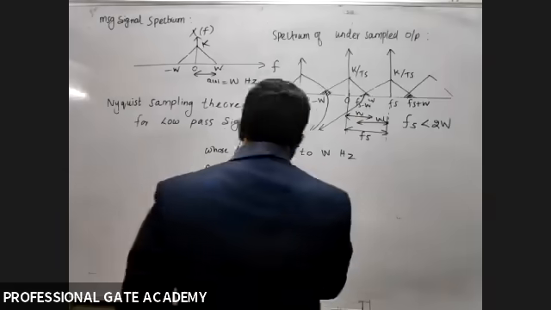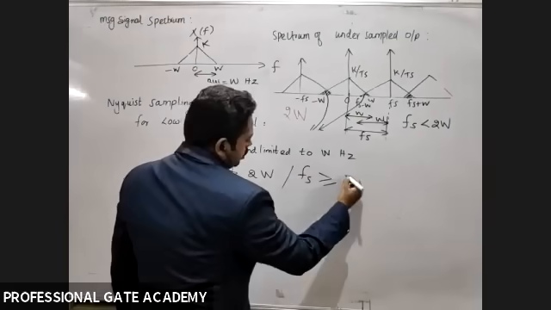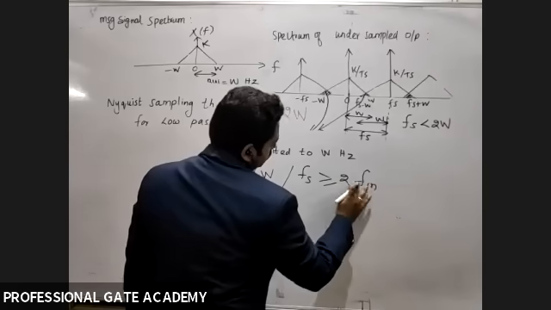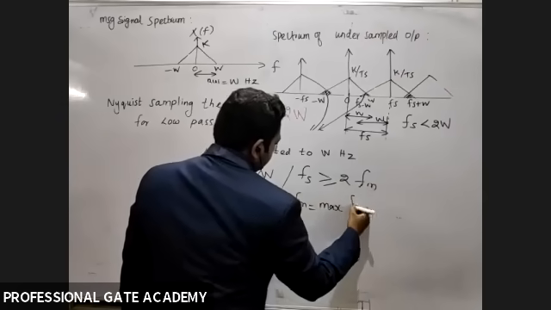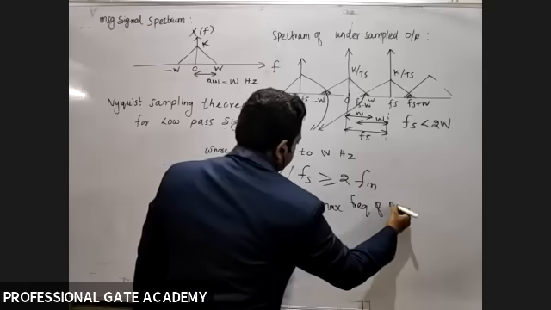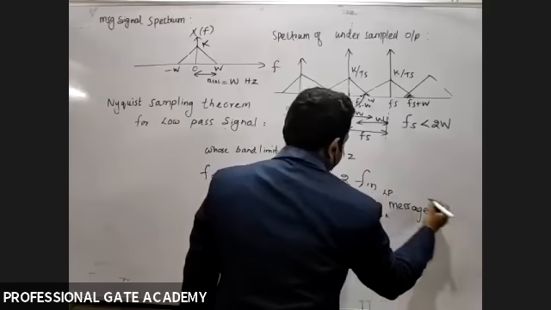Or sometimes we can say it like this also: sampling frequency fs greater than or equal to 2 into fm, where fm equals the maximum frequency of the message signal. Low pass, very important, low pass message signal.